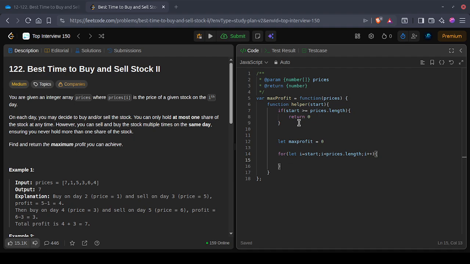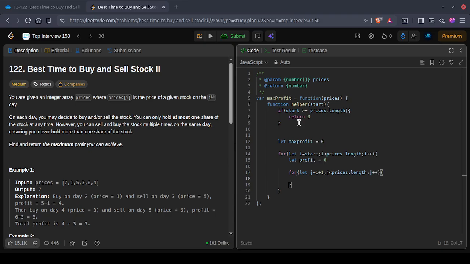And for every day we try selling on future days. Let profit equal 0. And for future days, for let j equal i plus 1, j smaller than prices.length, j plus plus.